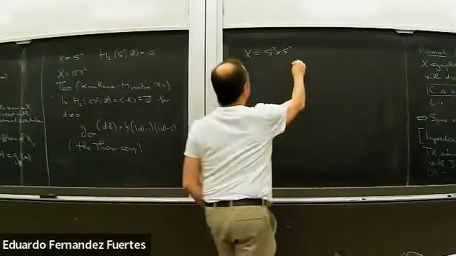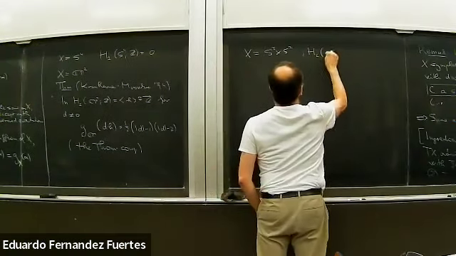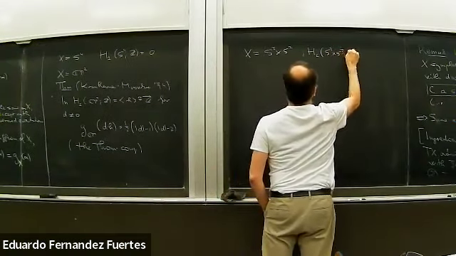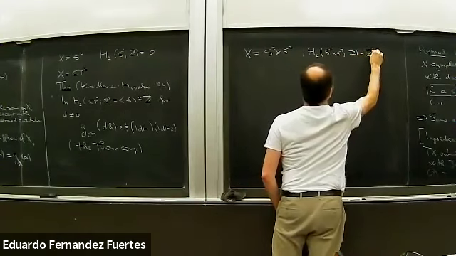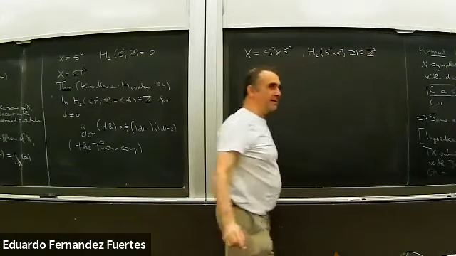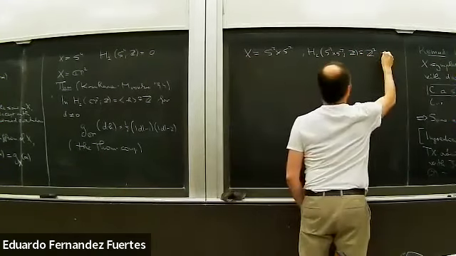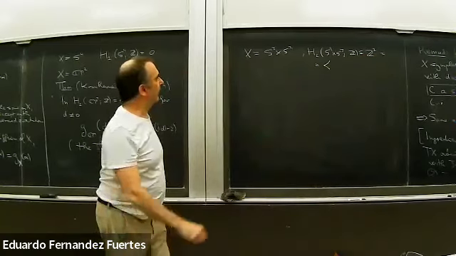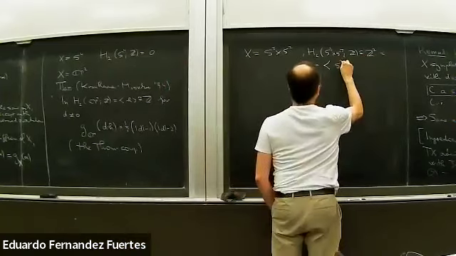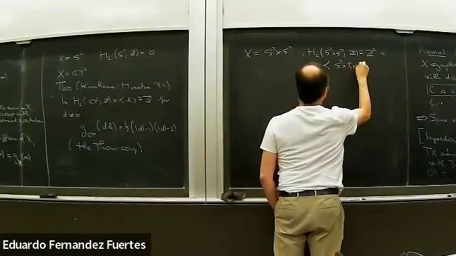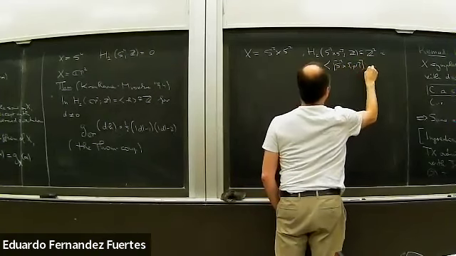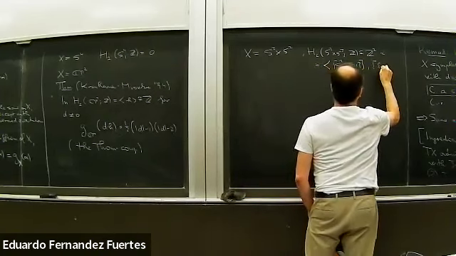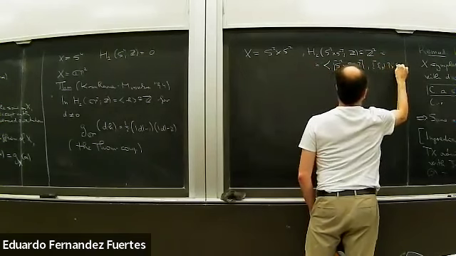Now H2 is two-dimensional, isomorphic to Z plus Z, and it's generated by two classes, which I will write as S2 cross a point, the class of this sphere, and point cross S2.